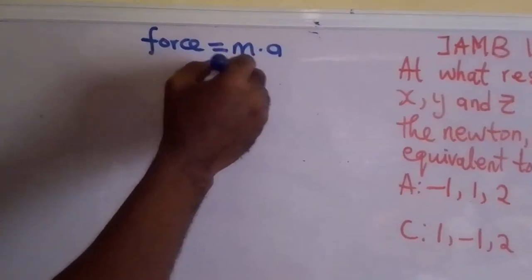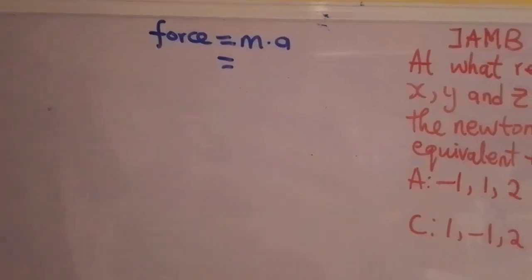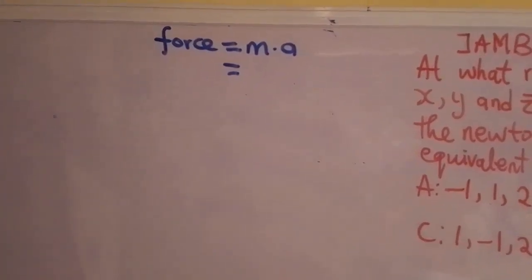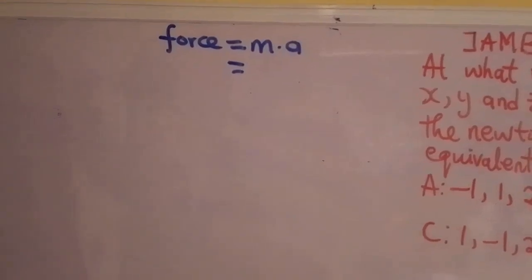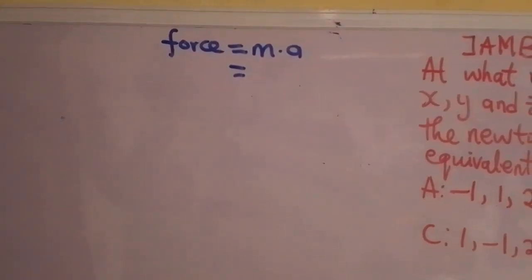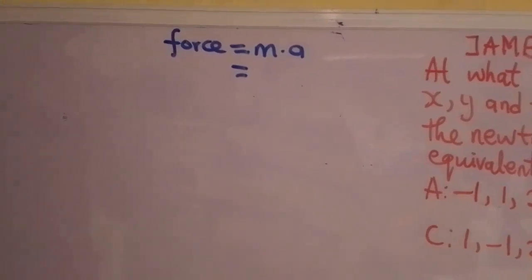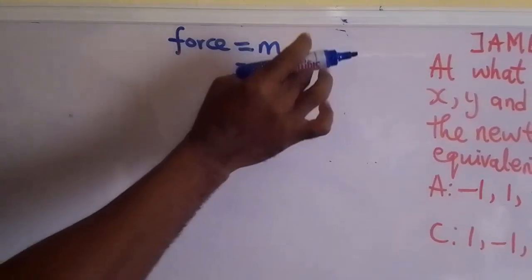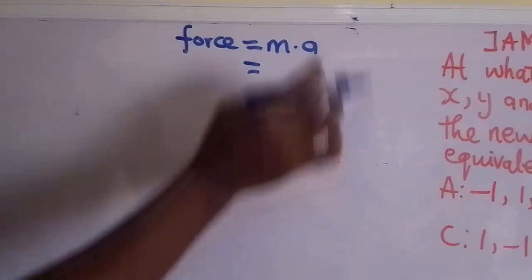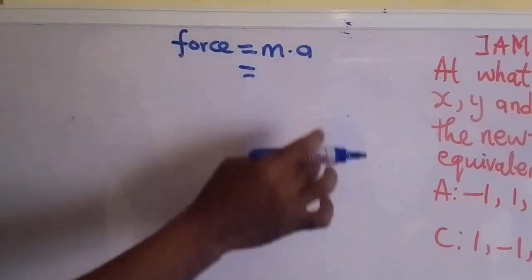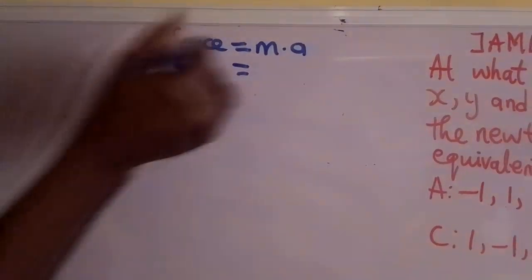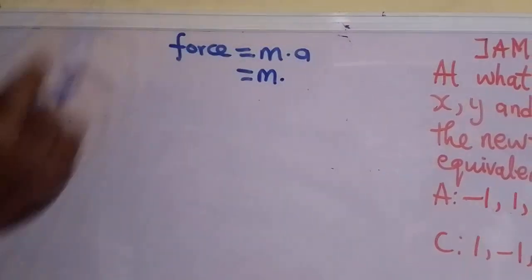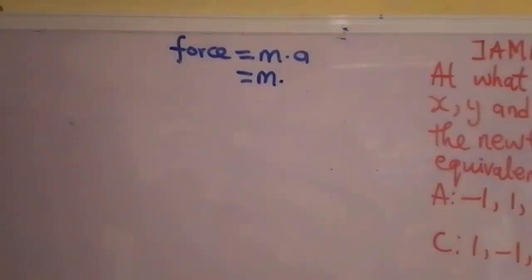Remember, when you're dealing with dimension, wherever you meet mass, you write capital M. Wherever you meet length, you write capital L. Wherever you meet time, you write capital T. So the major thing is to express this force with only basic quantities. Remove all the derived quantities and replace them with basic quantities. Of course, M, mass, is a basic quantity, so you can't change it. But acceleration is a derived quantity.